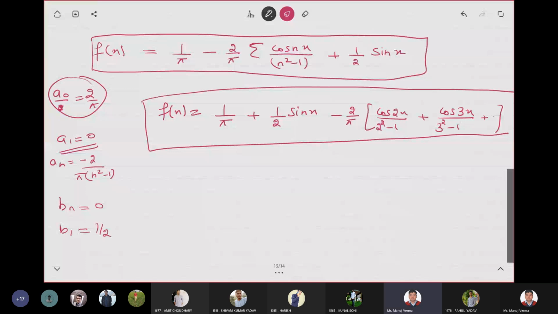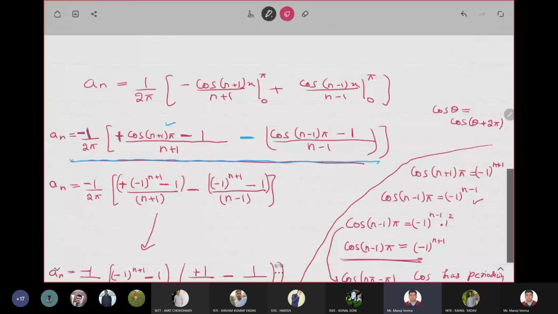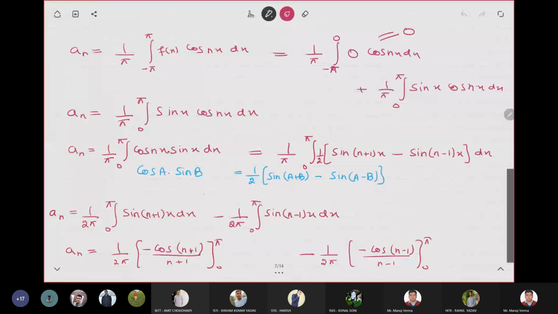For an we have derived that if I have the integral 1 over pi from 0 to pi of sin x cos nx dx, then this integral will ultimately give me this value, which I will be using in the full wave rectifier directly.